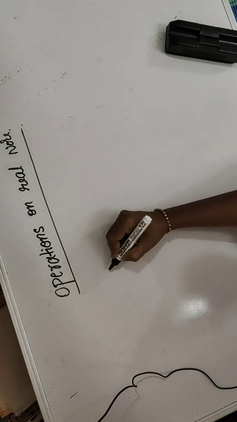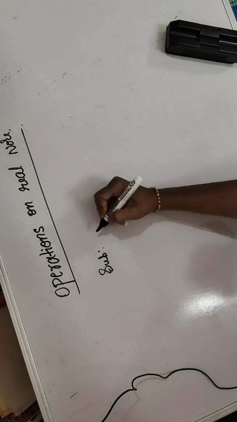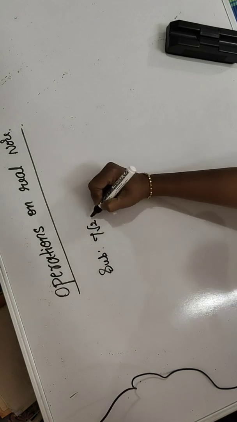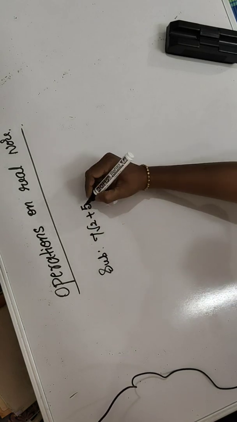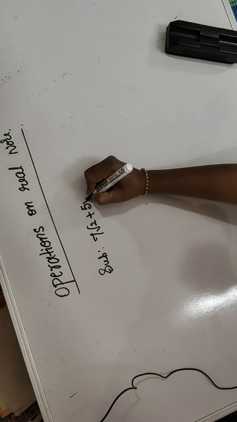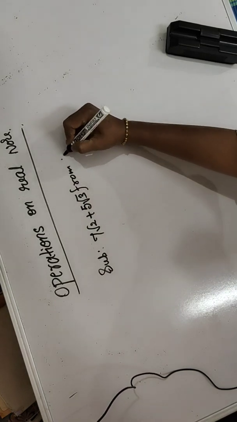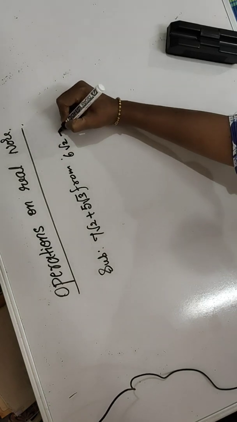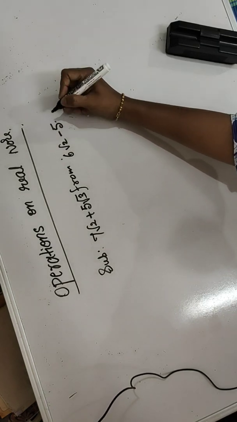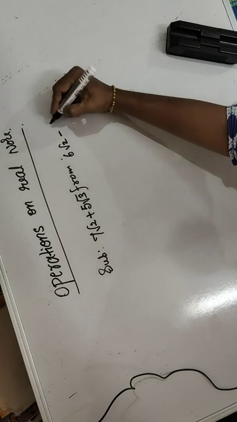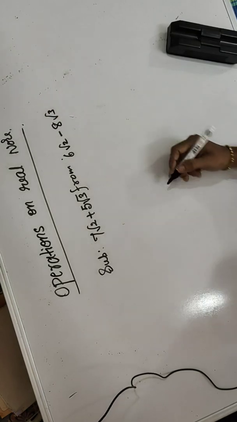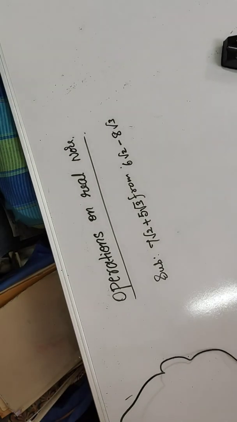They make you subtract 7 root 2 plus 5 root 3 from 6 root 2 minus, take some other number, 8 root 3. Okay, this may be the question.